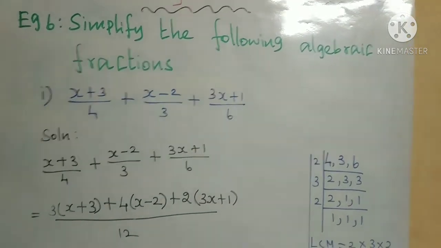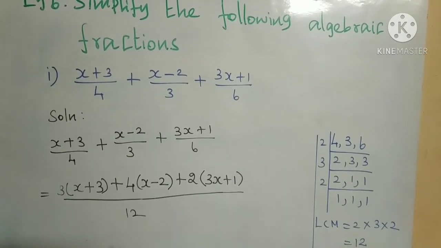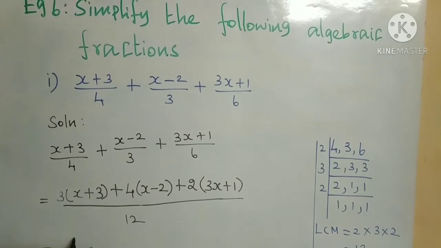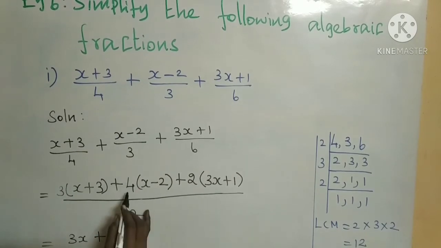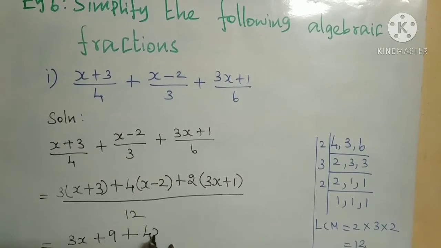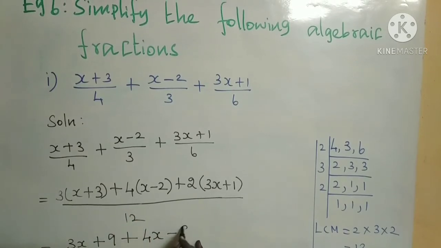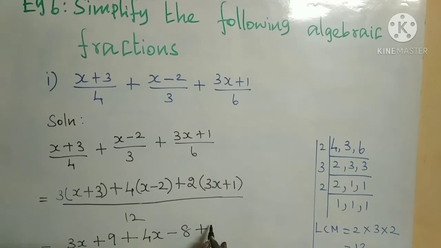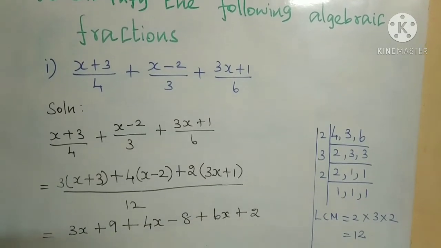So next step, 3 into x plus 3: 3 into x, 3x, plus 3 into 3, 9, plus 4 into x, 4x, plus 4 into minus 2, minus 8, plus 2 into 3x, 6x, plus 2 into 1, 2.